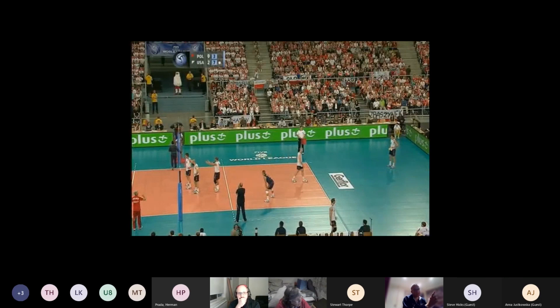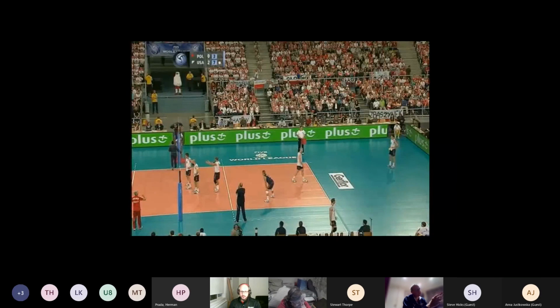So if it's simultaneous, then the attack hit is by number 7 because it simultaneously completes with the block, and therefore it's a fault because it's come from an overhand finger pass by the libero in the front zone and it's higher than the top of the net. So it depends on where the ball is, who contacts it first, and what's happening.